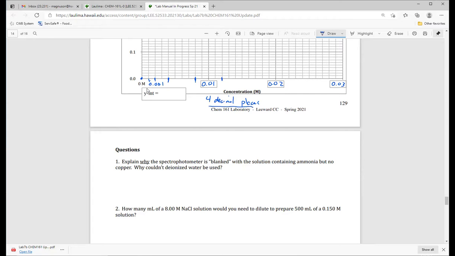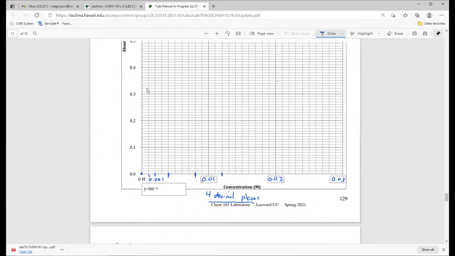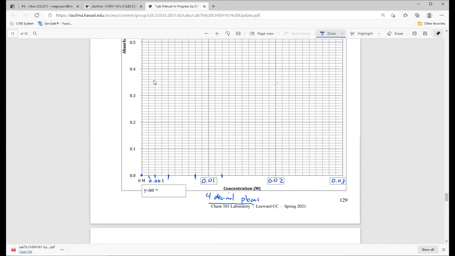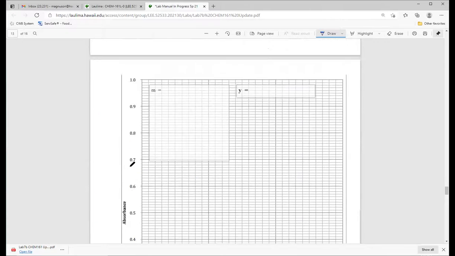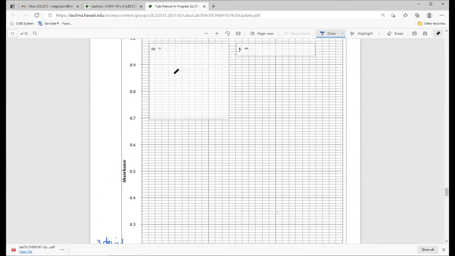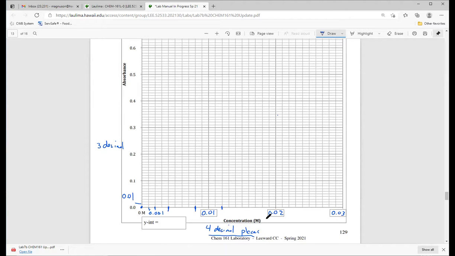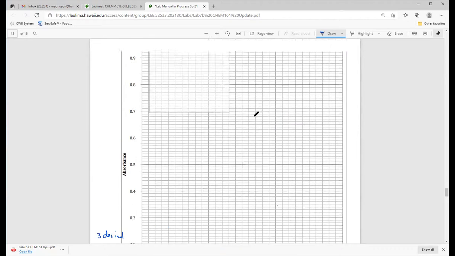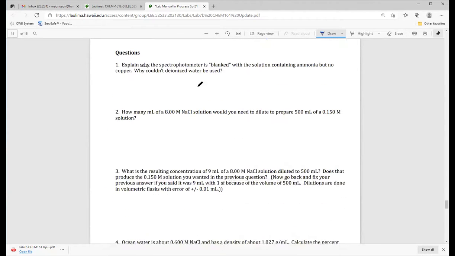For the absorbance side, each box is 0.01, and we can estimate between each box, so for absorbance you can go to 3 decimal places. This is important when you calculate your slope: the X numbers can go to 4 decimal places and the Y numbers to 3 decimal places.